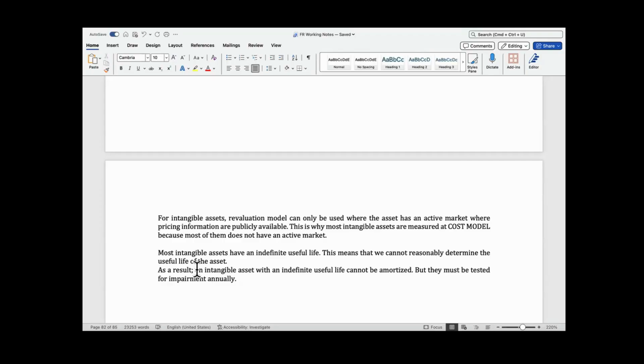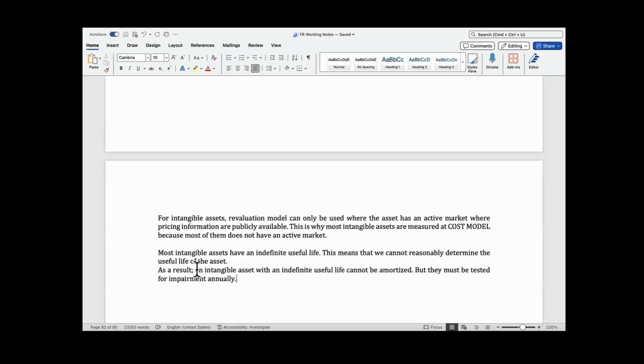That's pretty much it around measurement of intangible assets.